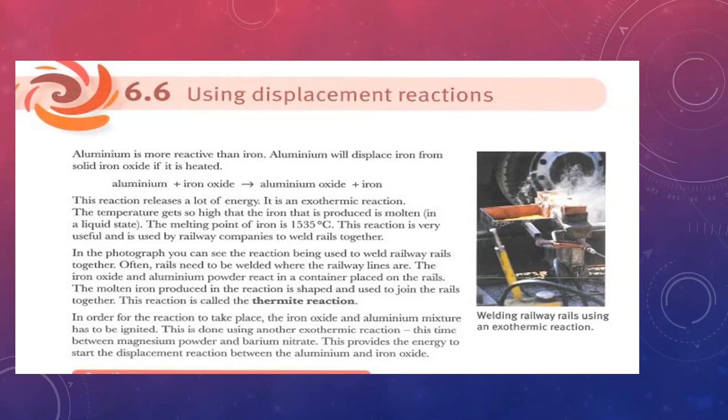According to the reactivity series, aluminium is more reactive than iron, so aluminium can displace the iron from its salt or its oxide, so the result of this reaction will be aluminium oxide plus iron. Okay?